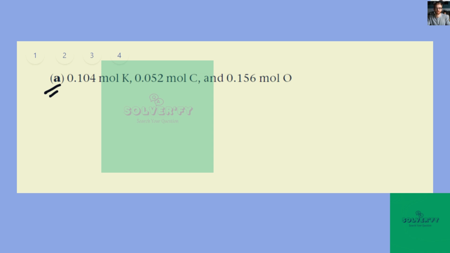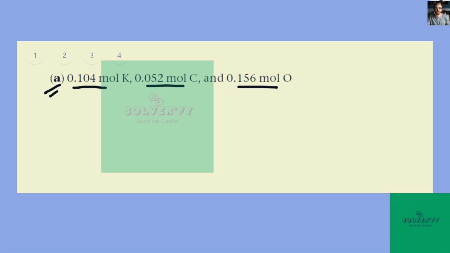If we are given the number of moles of each element, first we have to divide each number of moles by the smallest number of moles present here, and then make those values the nearest whole number, and that will be the ratio of each element present in the compound.